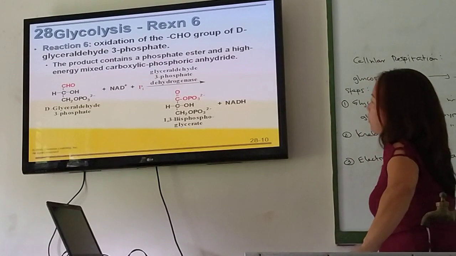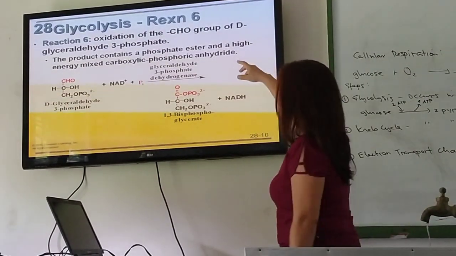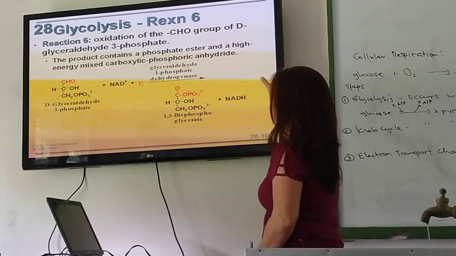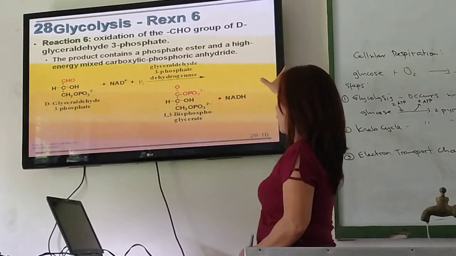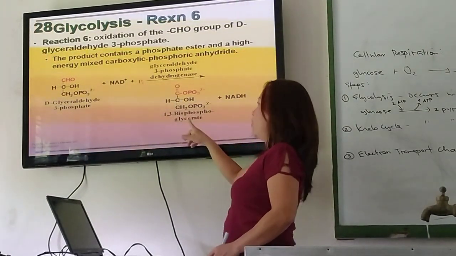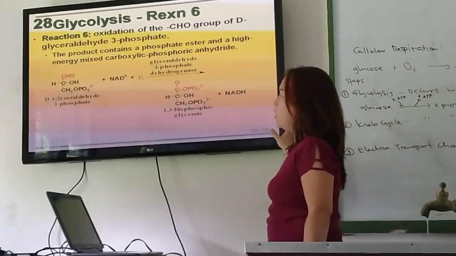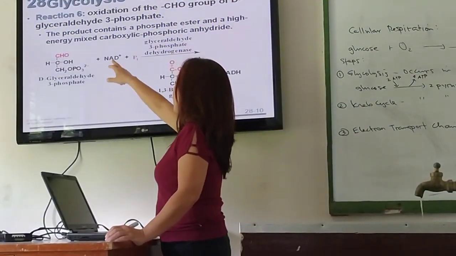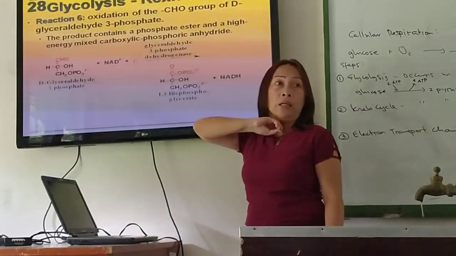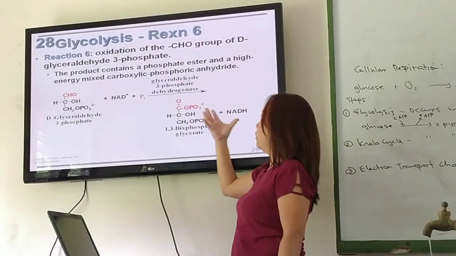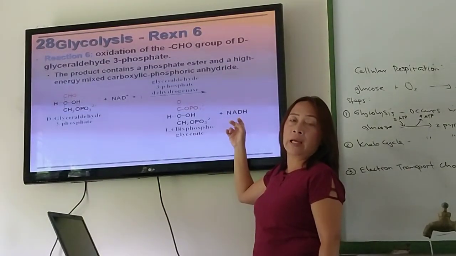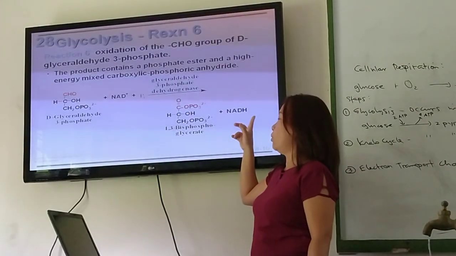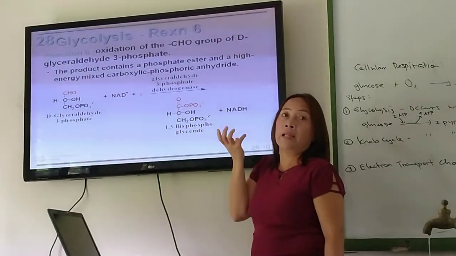There is oxidation of the carbohydrate group of this glyceraldehyde 3-phosphate, and the result is 1,3-bisphosphoglycerate. When there is oxidation of this D-glyceraldehyde 3-phosphate, electrons are released and accepted by the NAD. So the NAD is reduced this time.